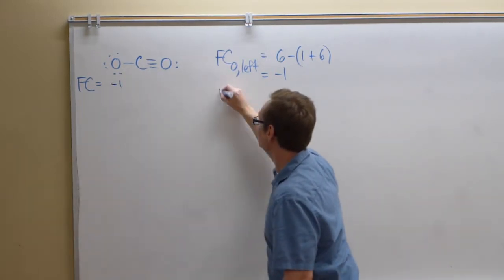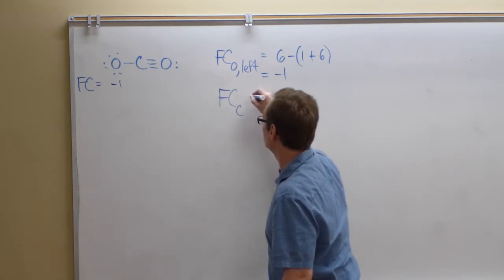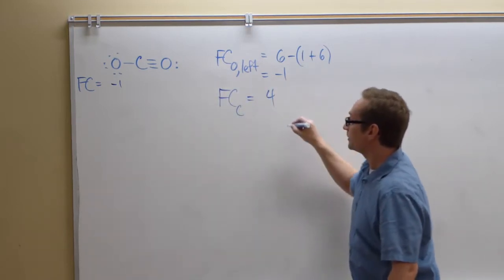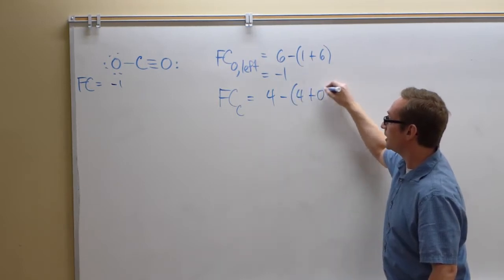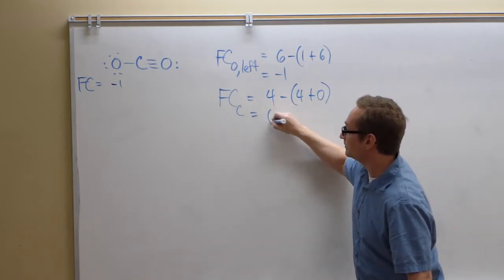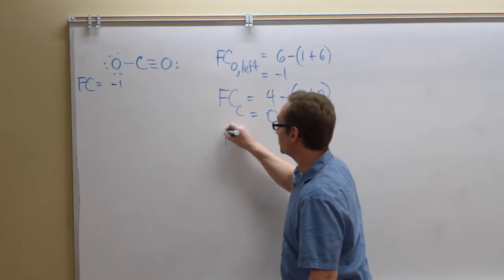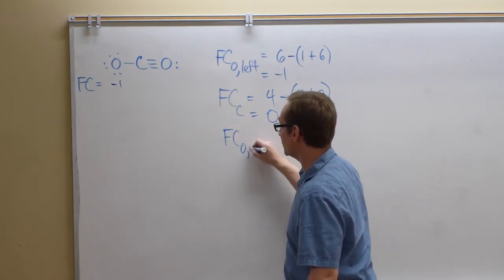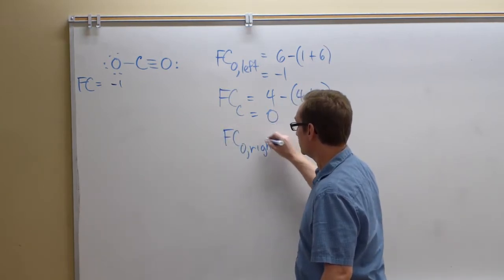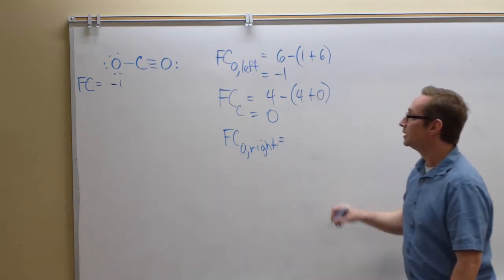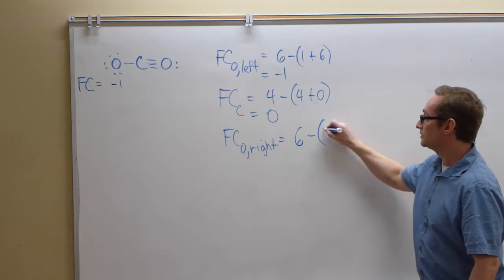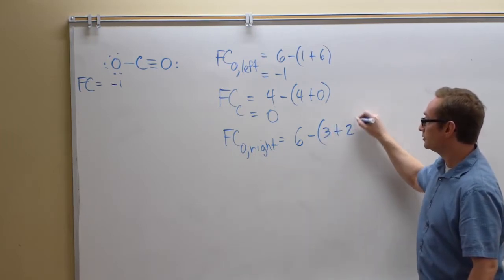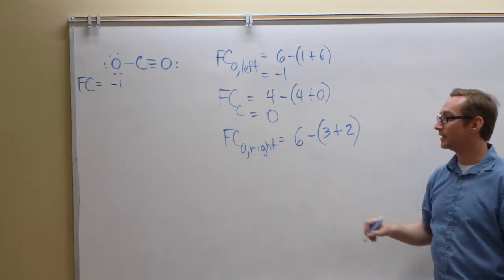For carbon, I've got 4 in the free atom, minus 4 bonds, 0 dots, so that's okay. Formal charge of the right oxygen would be 6 in the free atom, minus 3 bonds, and 2 dots, okay?